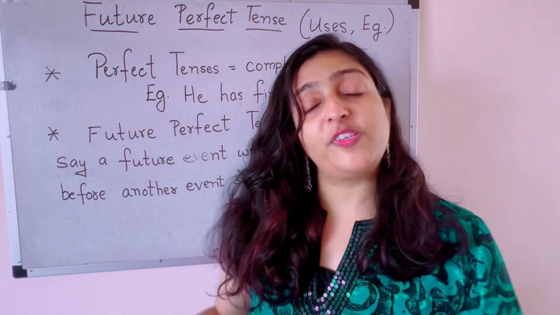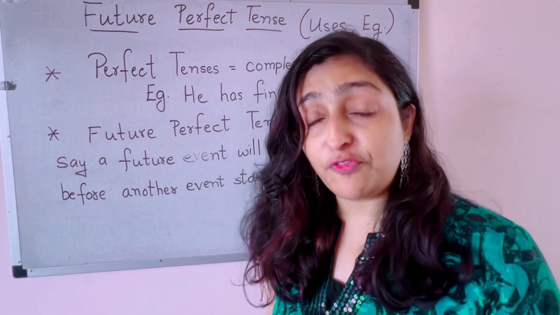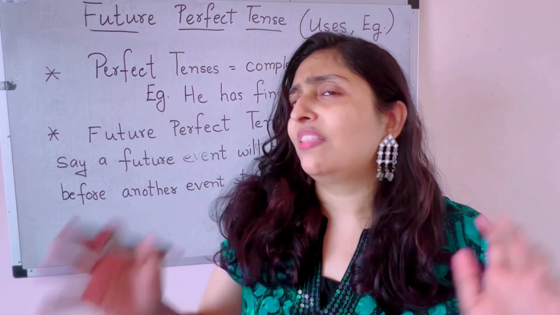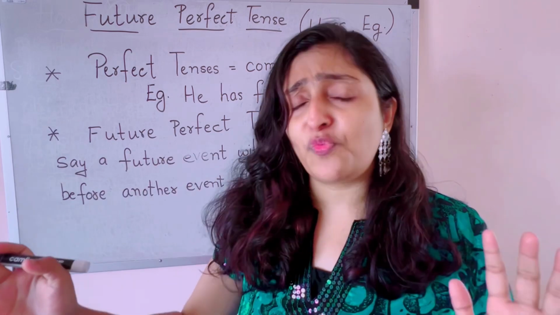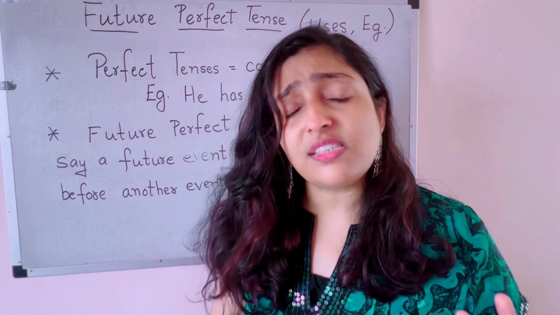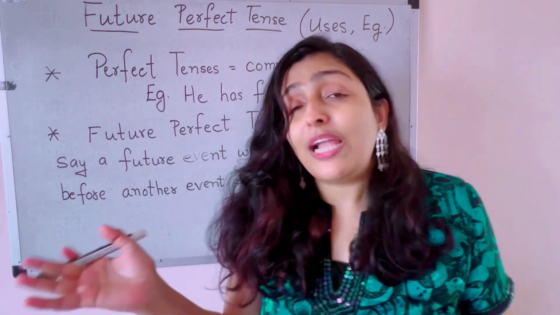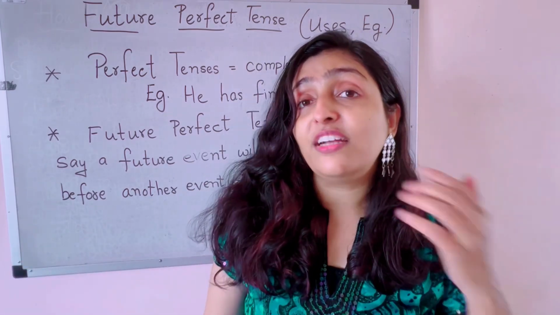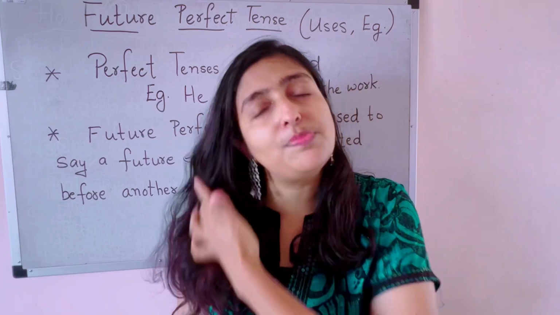Before we proceed into the uses and functions of future perfect, you need to know something important, and that is the difference between perfect tenses and future perfect tense. Now, you might be aware of the other perfect tenses, present perfect tense and past perfect tense.